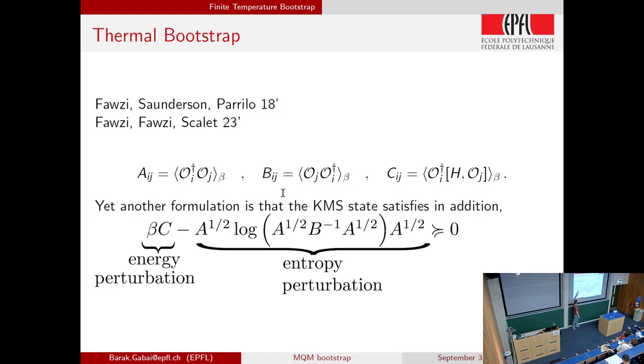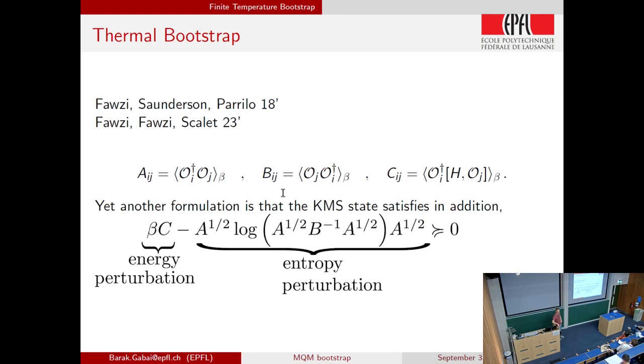So this measures the perturbation of the energy. This thing measures the perturbation of the entropy. That's a bit harder to explain, but in principle this is the role of this thing, and then you want basically an energy-entropy balance.